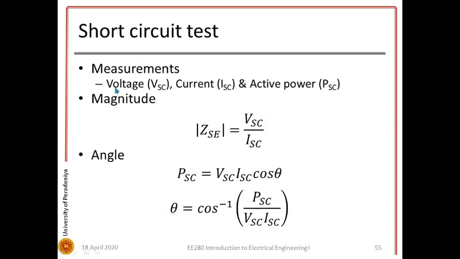During the experiment, we measure the applied voltage under short circuit condition VSC, the current absorbed from the supply ISC, and the active power consumption PSC. Similar to the open circuit test, we can find the magnitude of the total impedance by dividing the voltage by the current. The angle can be found from this equation: theta equals cos inverse of PSC over VSC ISC.